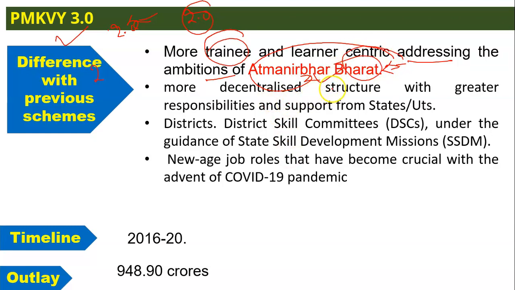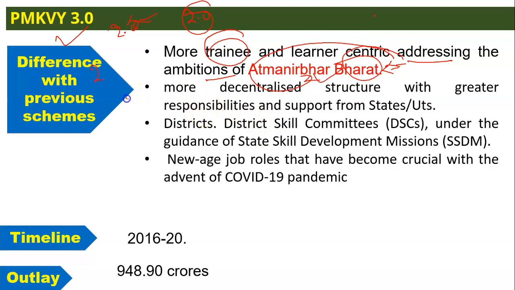In our previous scheme, they were not decentralized, they were centralized. For example, they were centrally sponsored, and the center was taking care of this scheme in a very comprehensive manner.